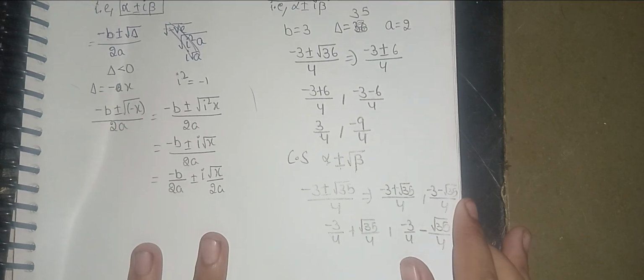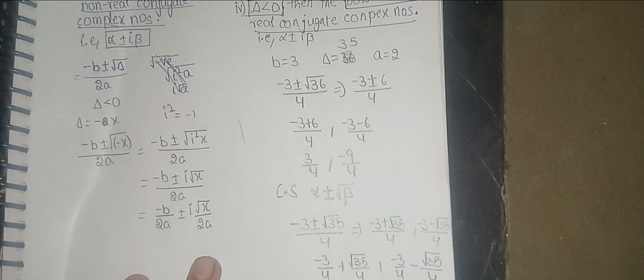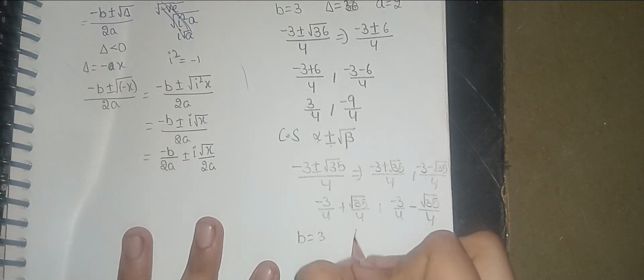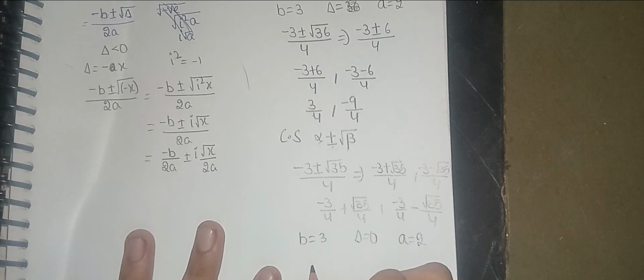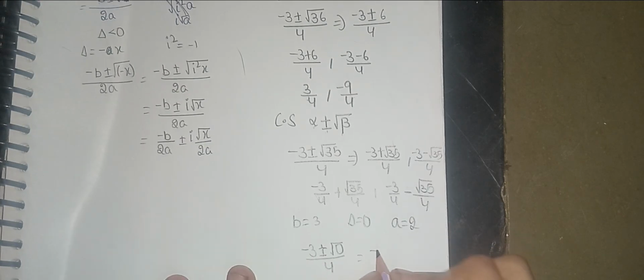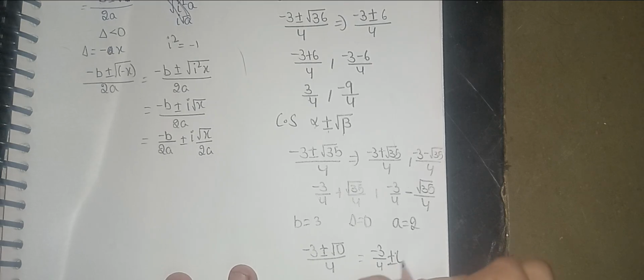Here b = 3, delta = 0, a = 2, means minus 3 plus or minus root 0 by 4 is equal to minus 3 by 4 plus or minus 0.